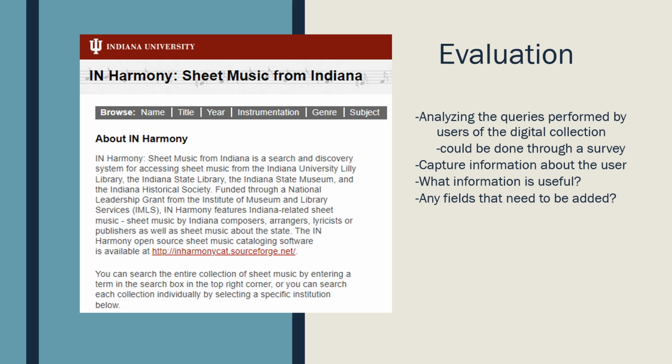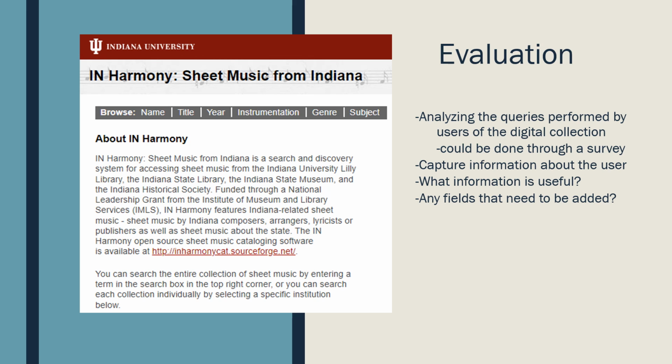So finally, to basically wrap up, how would I evaluate this digital library? One of the articles that I read was about the In Harmony sheet music collection from Indiana. They did a case study where they analyzed queries performed by users of their digital collection. And this is something that I would also prefer to do with the digital library, which could be done through a survey.